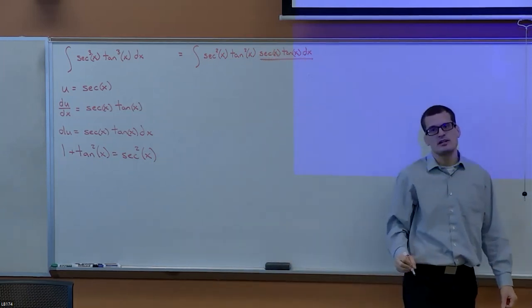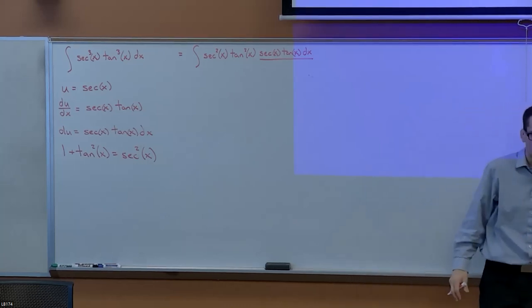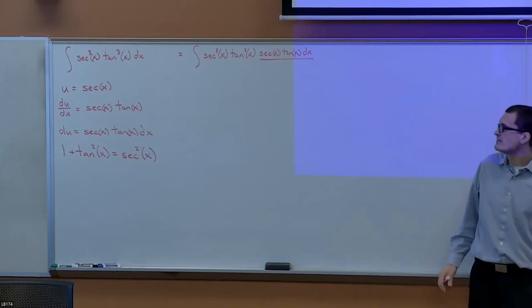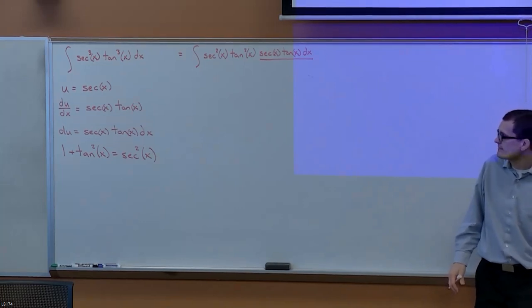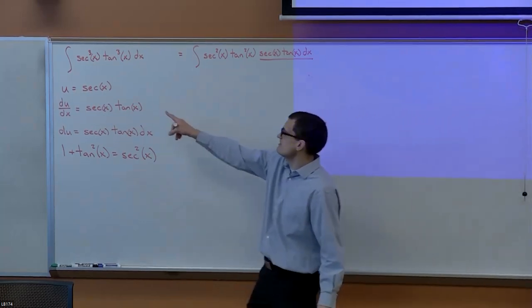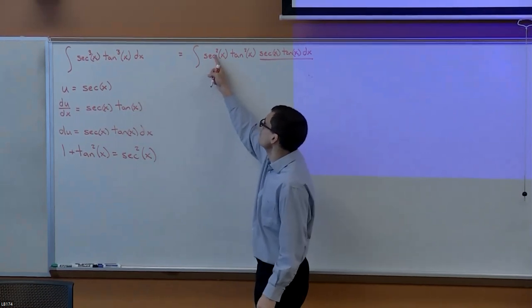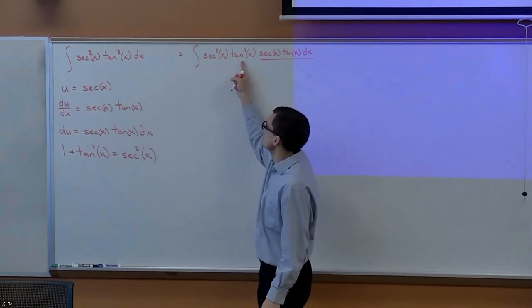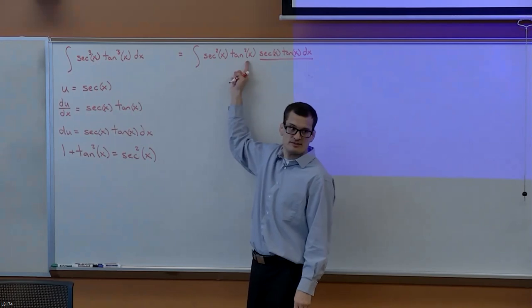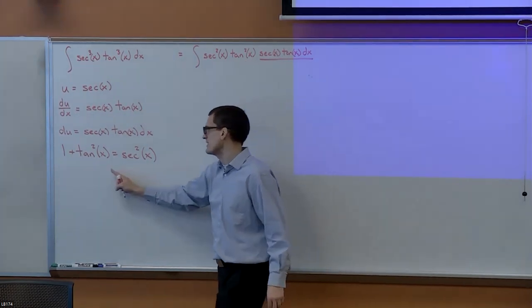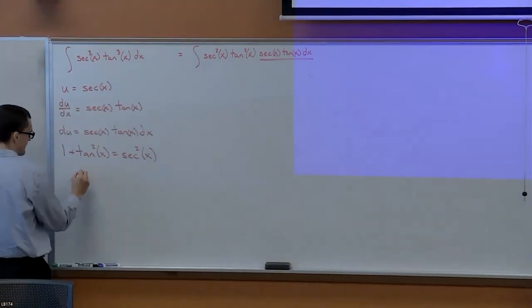And then that thing I underlined is my du exchange. Now, since my u is secant, I'm gonna get u squared, and my tangent squared needs to be replaced.